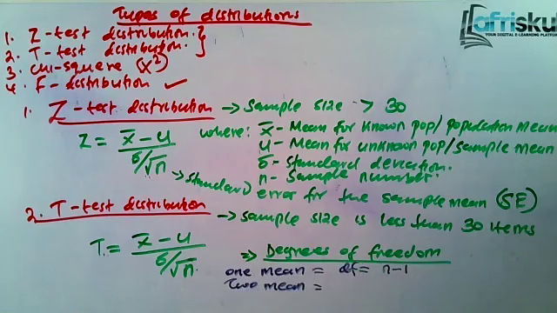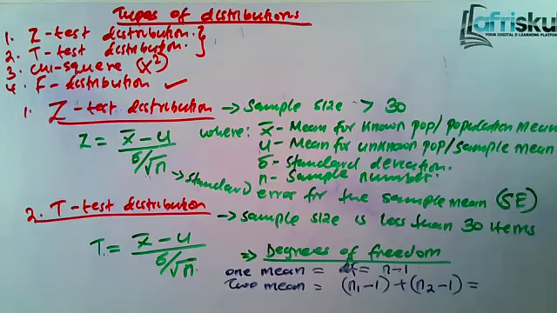In the case of two means, it will be n1 minus 1 plus n2 minus 1. Good.